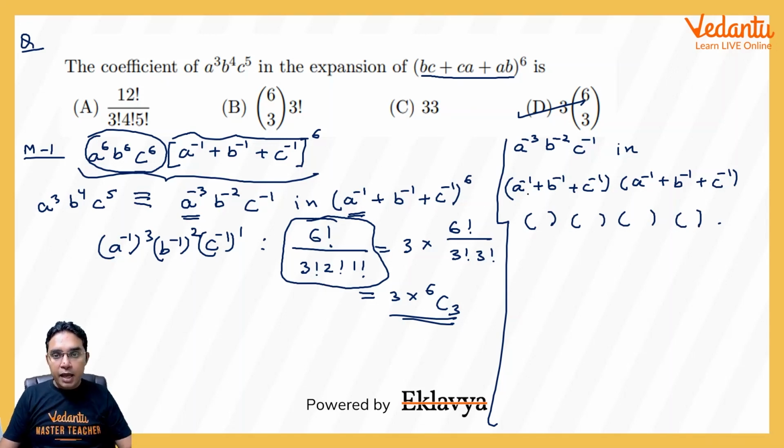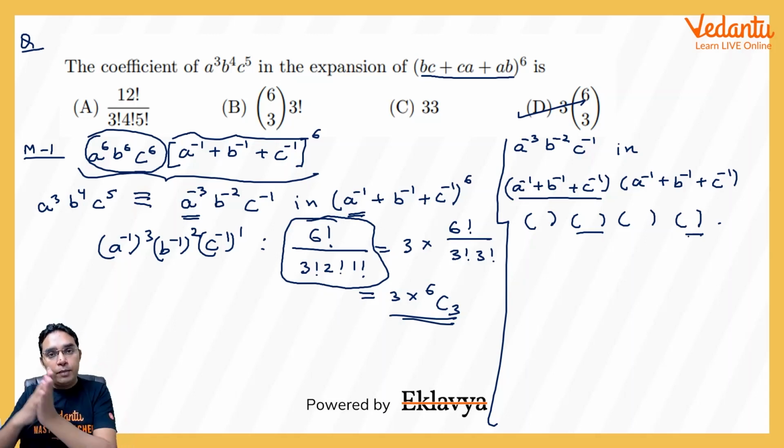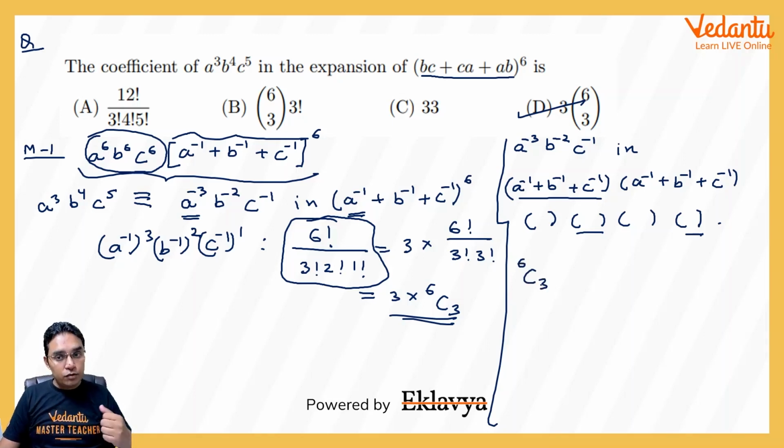I need to choose 3 brackets out of these 6, where I will multiply a power minus 1 with a power minus 1 with a power minus 1, which will give a power minus 3. So we need to choose 3 brackets out of 6 where terms of a power minus 1 will be multiplied. Now from the remaining 3 brackets, I will be multiplying b power minus 1 two times.